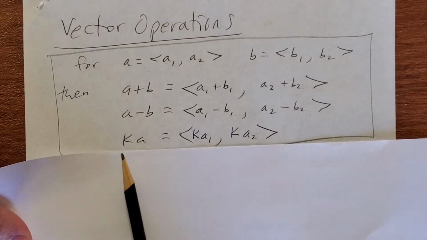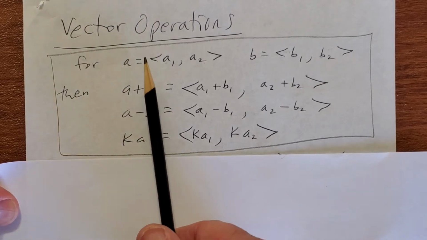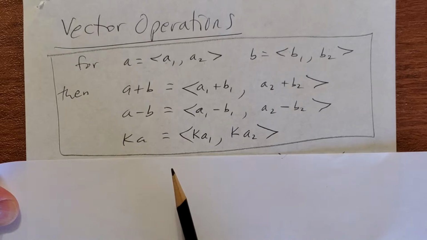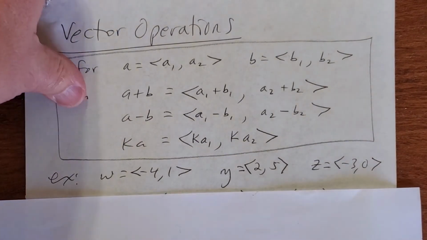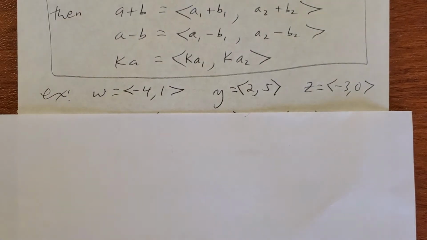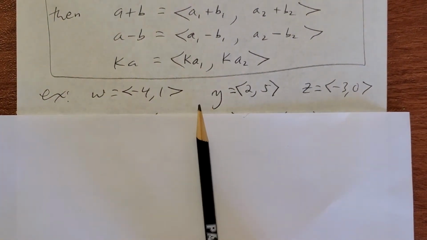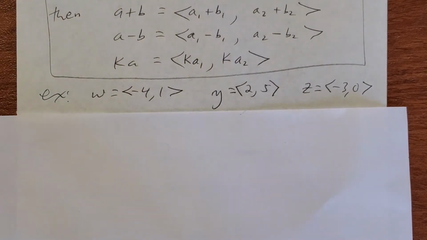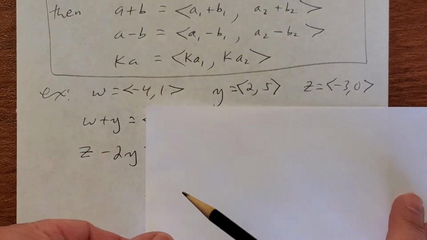And then if you're multiplying by an outside number, say 5 times this vector, you just multiply in like that. And same thing with division, you would divide. So, for example, here are 3 vectors, W, Y, and Z. What if I wanted to know what is W plus Y?